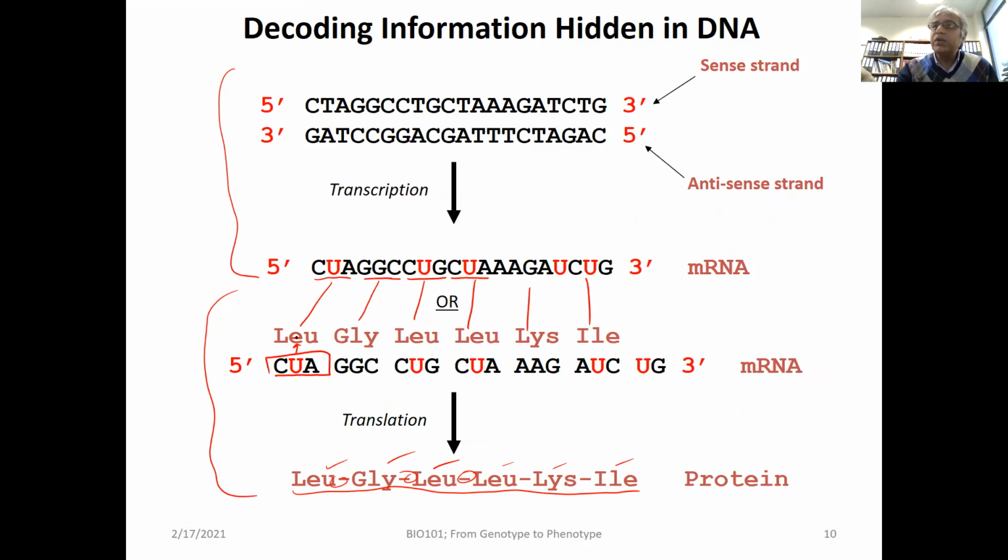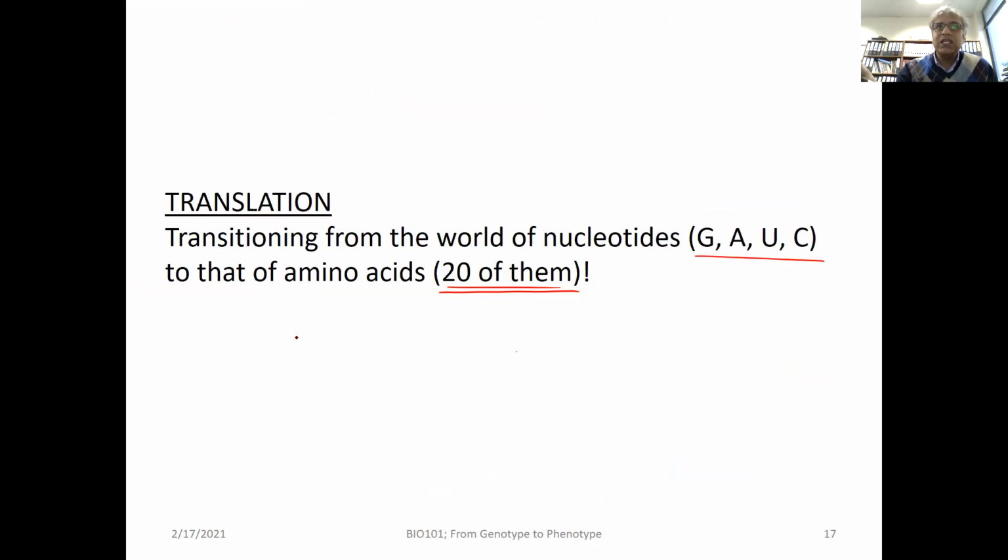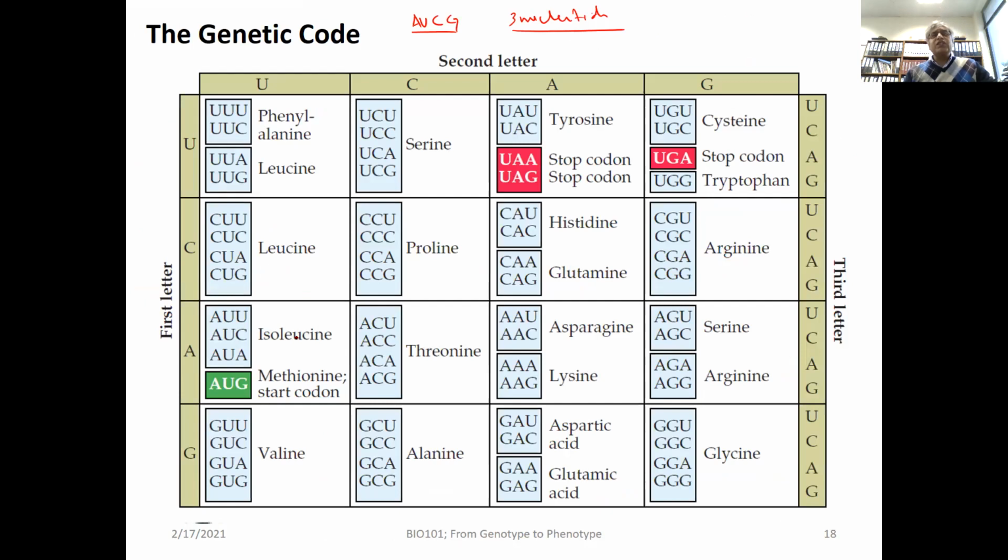So if you have 4 nucleotides, A, U, C, G, how many combinations can you have? You will have 64 combinations. You can have AUC, AUG, AUU, AUA. You can calculate it mathematically, and you will say we have 64 combinations.